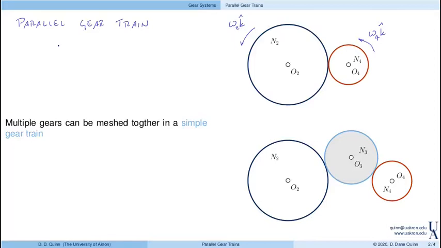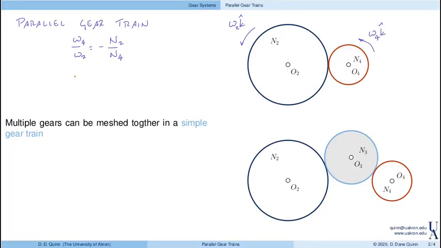And as we saw in the previous lecture, we can identify the gear ratio, which is omega 4 divided by omega 2, as the ratio of the number of teeth, so minus n2 over n4.